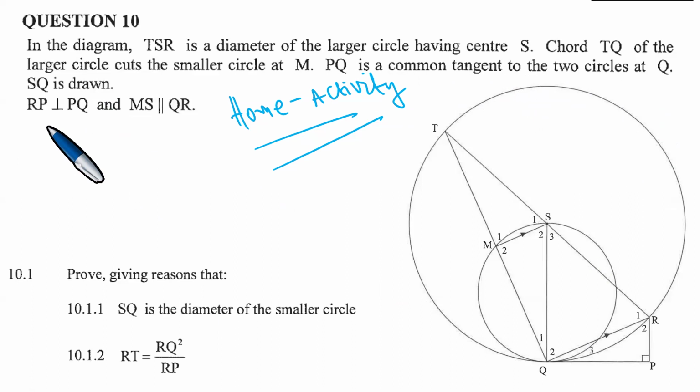RP is perpendicular to PQ, and MS is parallel to QR. Prove, giving reasons, that SQ is the diameter of the smaller circle, and that RT is RQ squared over RP.